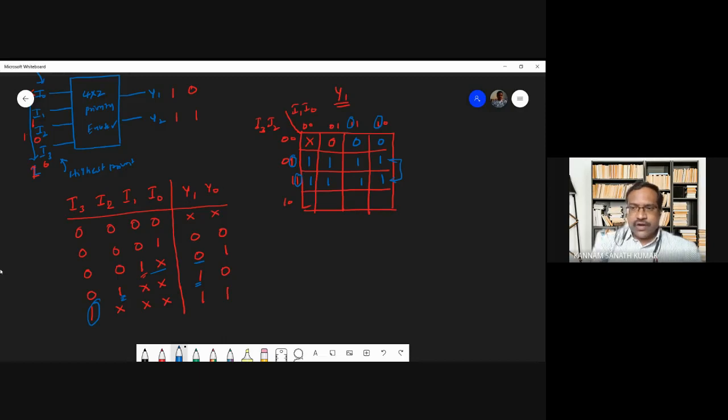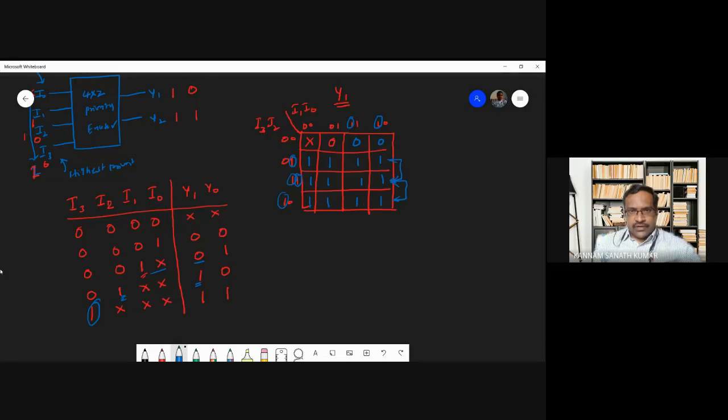Okay. So I3 equal to 1 means, so if you see I3 equal to 1, so this is I3 equal to 1. Okay. These two cells, these two rows. So if you observe, what you are getting?